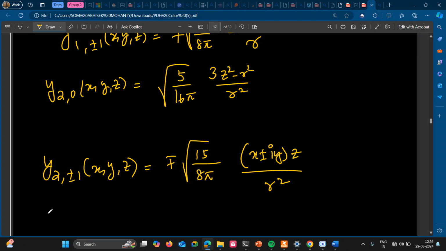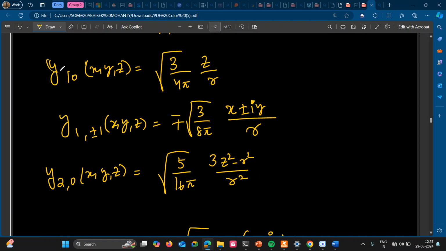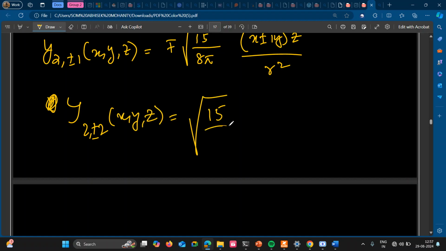Otherwise, we may write another value. These are capital, my bad again. Spherical harmonics is written with capital Y, not small y. This is capital Y 2 plus or minus 2 of XYZ, root over 15 by 32 pi, x square minus y square plus or minus 2ixy, divided by r square.